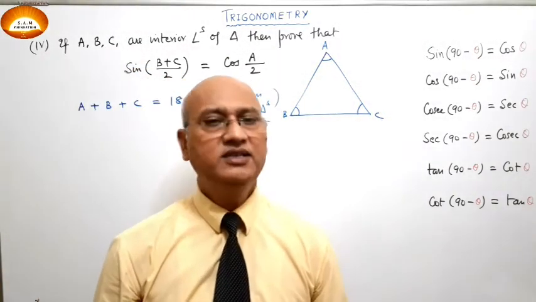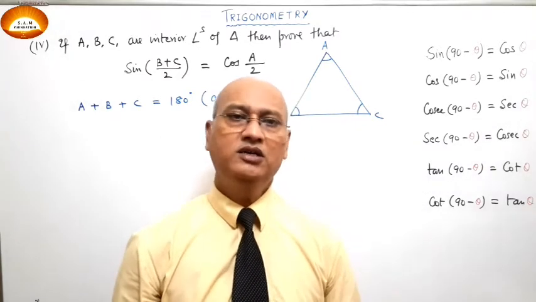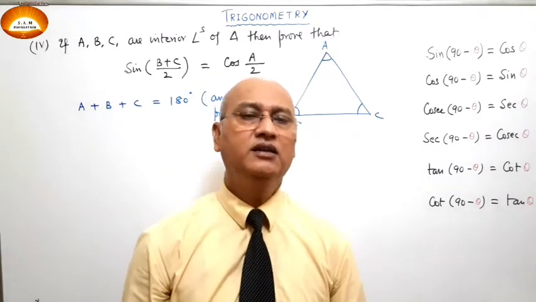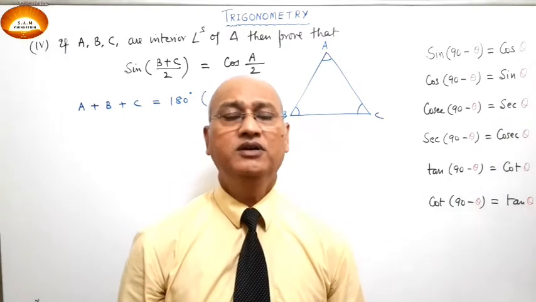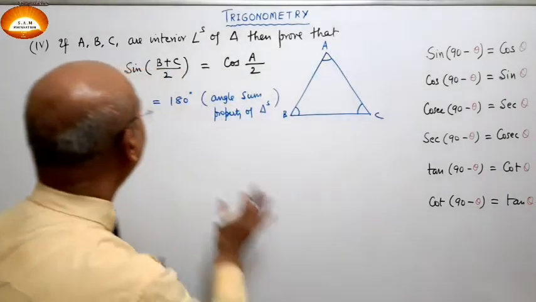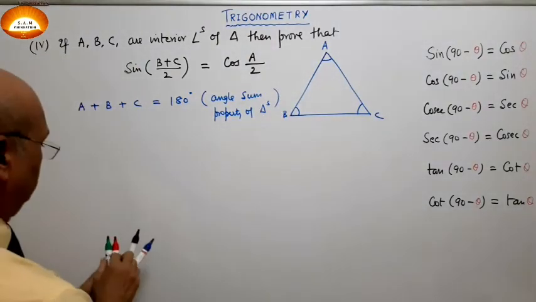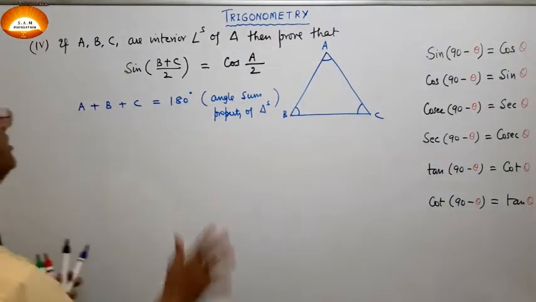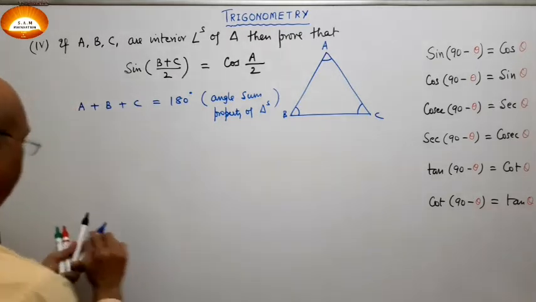Now in an equation there is a property: we can multiply all the terms by any number, and we can divide all the terms by any number. So the value of the equation does not change. So here what we are going to do is divide all the terms of this equation by 2.